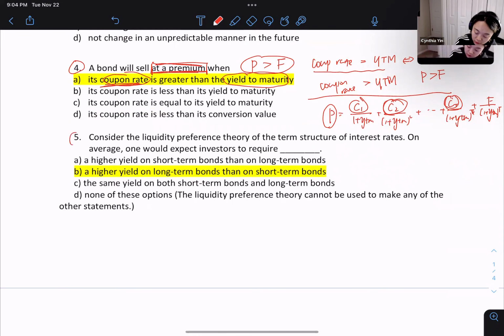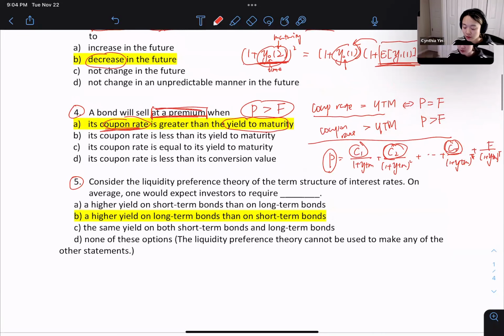And question 5. Consider the liquidity preference theory of the term structure of interest rates. On average, one would expect the investors to require what? Higher yield. These choices are trying to compare between the short-term bond and long-term bond, right? Remember the key idea of liquidity preference: the liquidity compensation. Why do the investors want to get compensated for the liquidity?